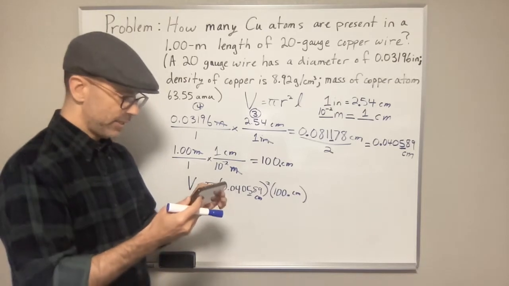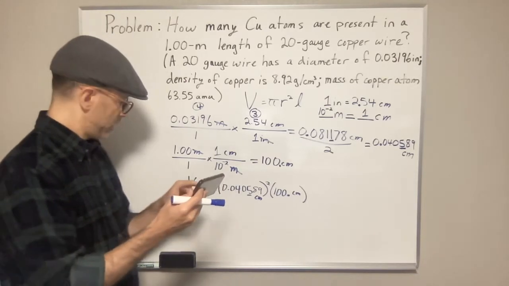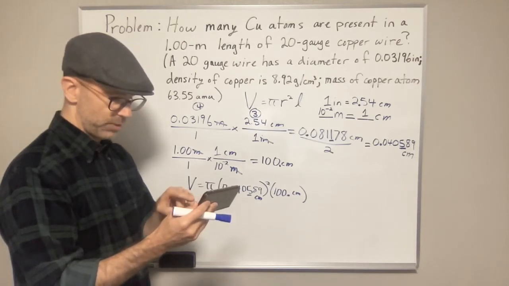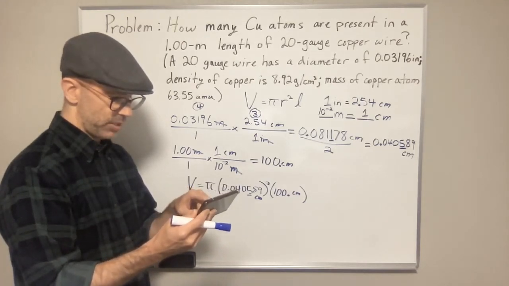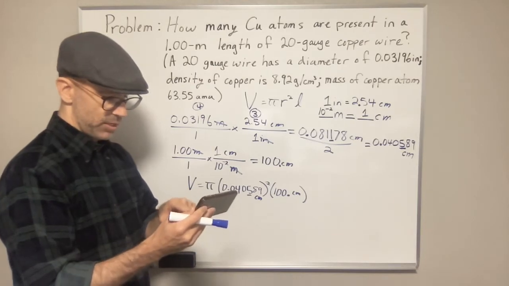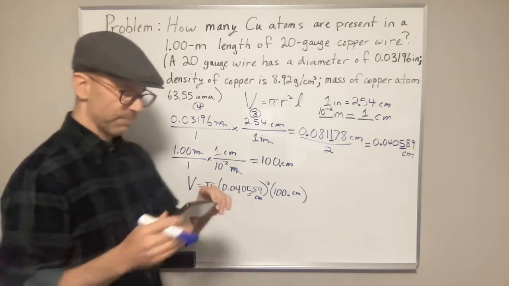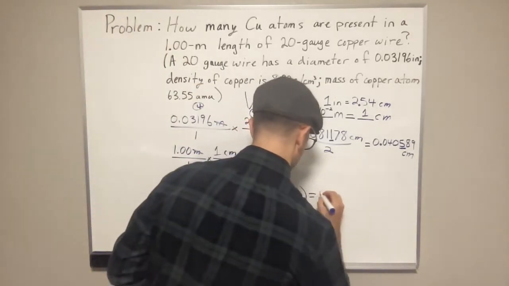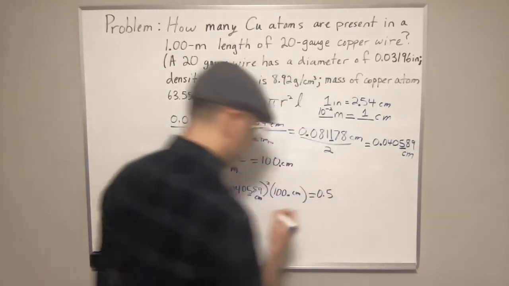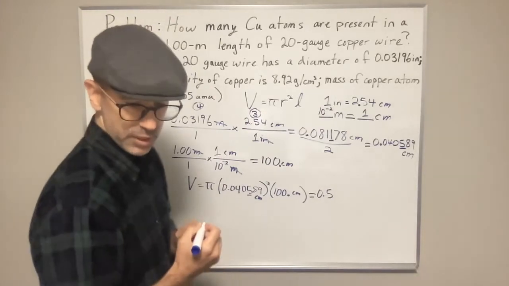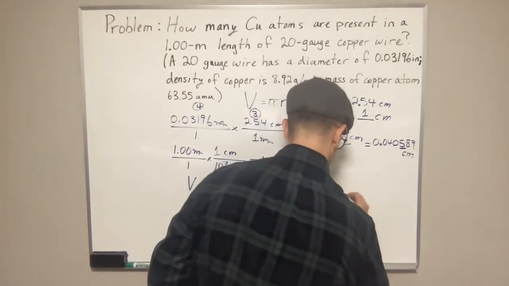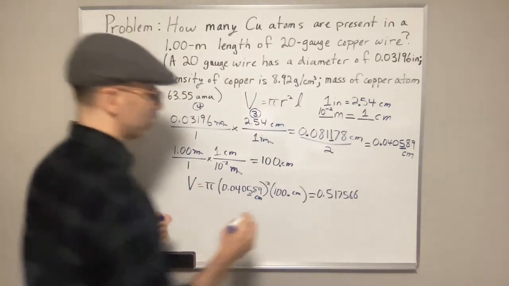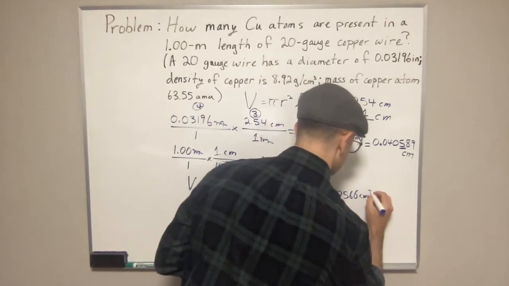Pumpkin pie, blueberry pie, apple pie. Okay, so I'm going to multiply by, where's my pi? There's pi. Equals, there we go, that's better. So I get 0.517566... We'll leave it there, and that's going to be centimeters cubed.